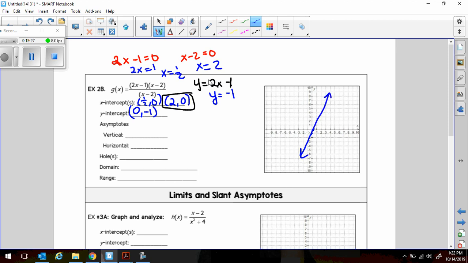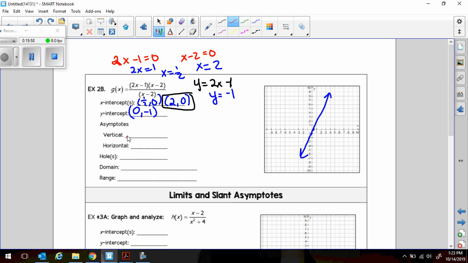But we're going to have a hole when x equals positive 2. So we're going to have a hole right here. I'm going to just circle it. We'll find out where it's at. Give me a second, I'll find out where it's at. So my vertical asymptote is when our denominator equals 0, but since we can divide these, there's going to be a hole right here instead of an actual asymptote.